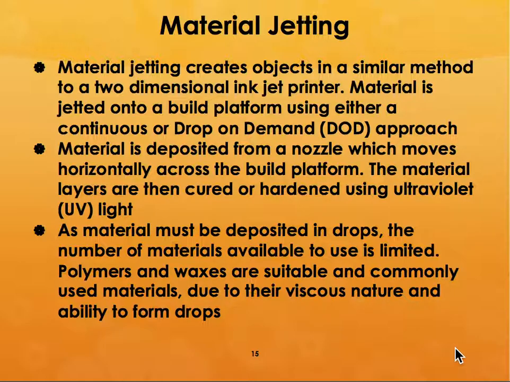The material is deposited from a nozzle which moves horizontally across a build platform. The material layers are then cured or hardened using UV light. The nozzle can be part of an inkjet printer head that you can buy from Staples or somebody like that, and you have to remove the inkjet fluid and fill in your own fluid that is used to react with the material.